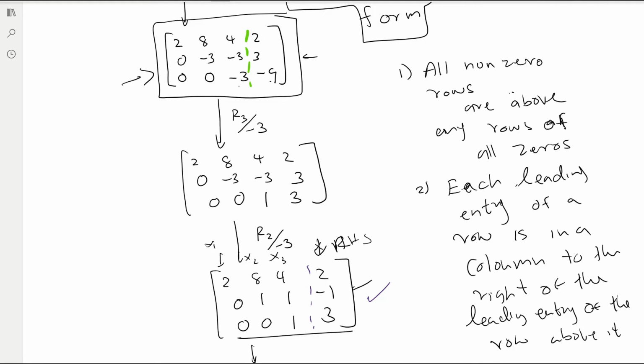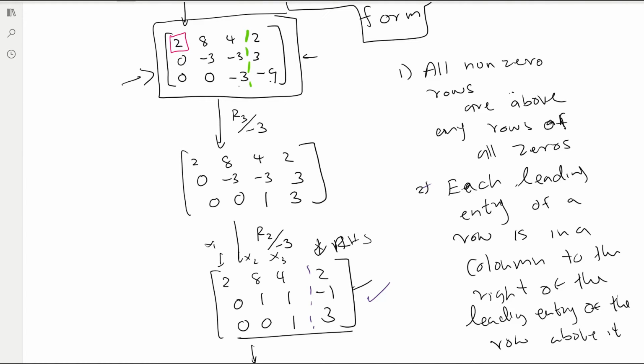So that's the second rule. Okay, so leading entry means the first non-zero number in a given row. Okay, the first non-zero number in a given row is the leading entry. So what this rule is saying is that each leading entry should be to the right of the leading entry before it. So think about this. Okay, so here in the first row, the first leading entry is 2.